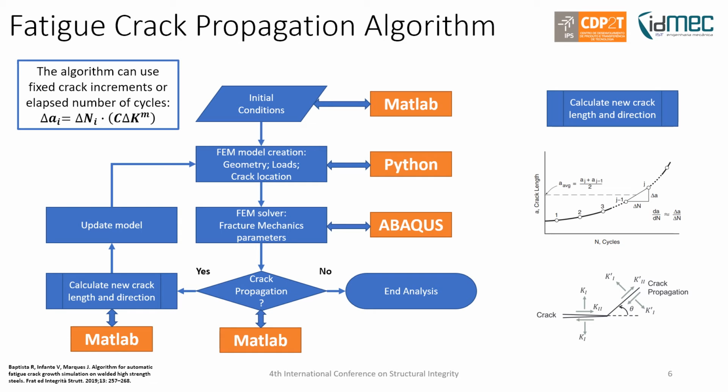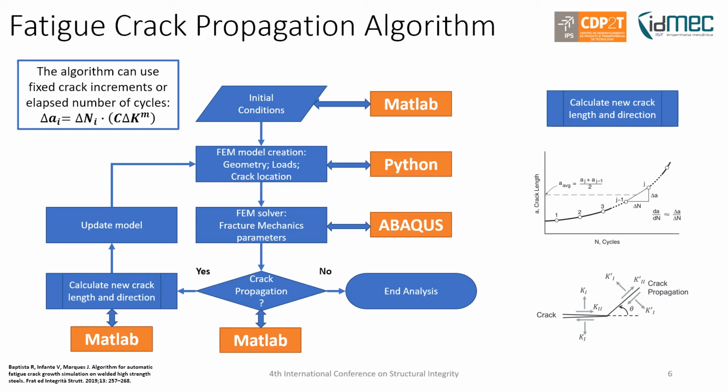In order to simulate the fatigue crack propagation problem, we need an algorithm that updates the numerical model with a crack that is growing from increment to increment. Our algorithm uses MATLAB to update the model and to determine the new crack length and propagating direction.